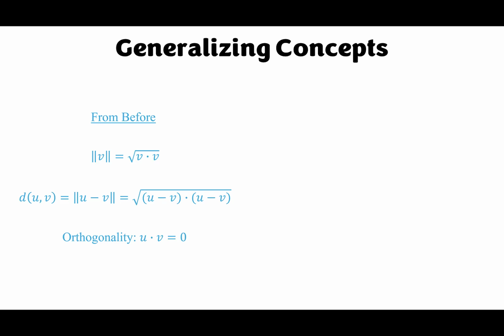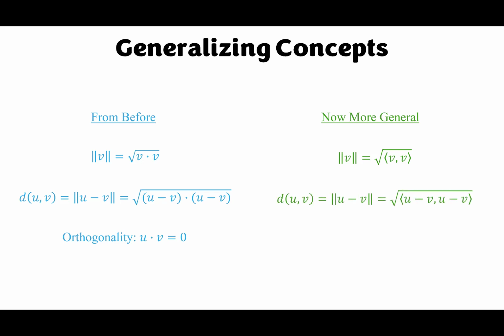We can generalize these ideas with inner products. So now, more generally, the length of a vector is the square root of the inner product of v with itself, instead of v dotted with itself. The distance between 2 vectors is the same thing, the length of u minus v, but now using what we mean by length, it's the square root of u minus v inner producted with u minus v.